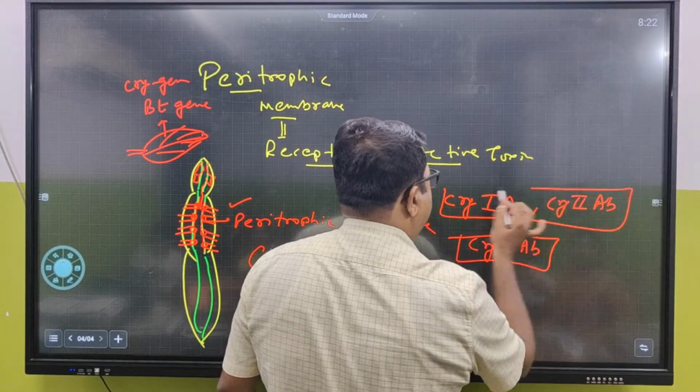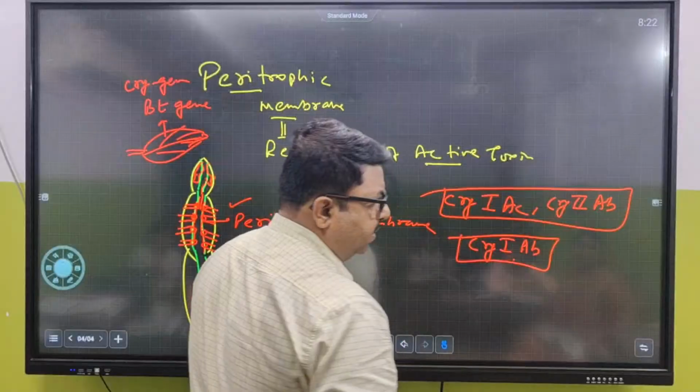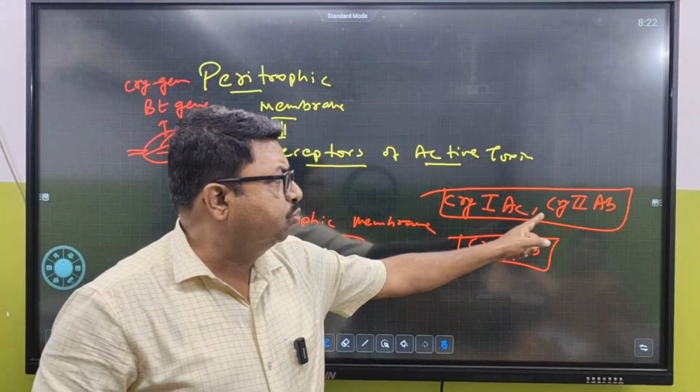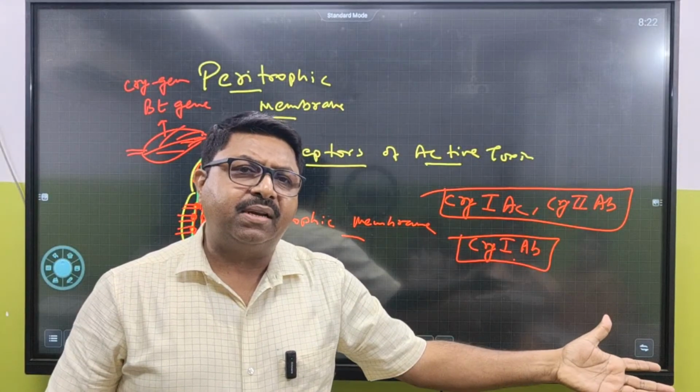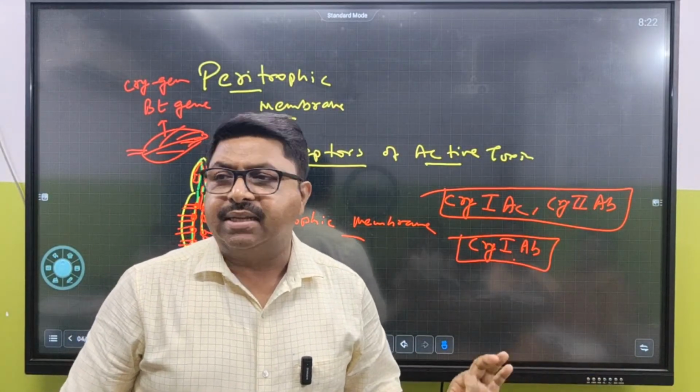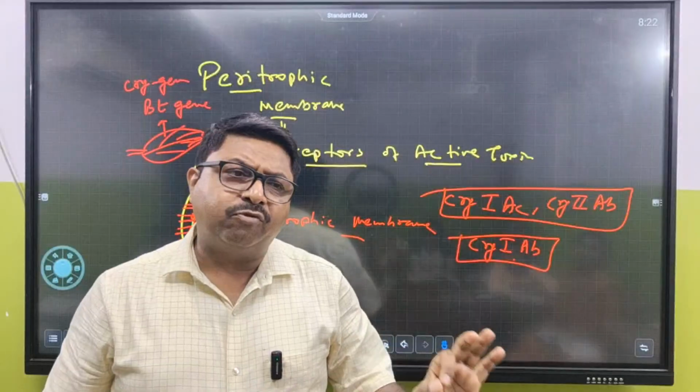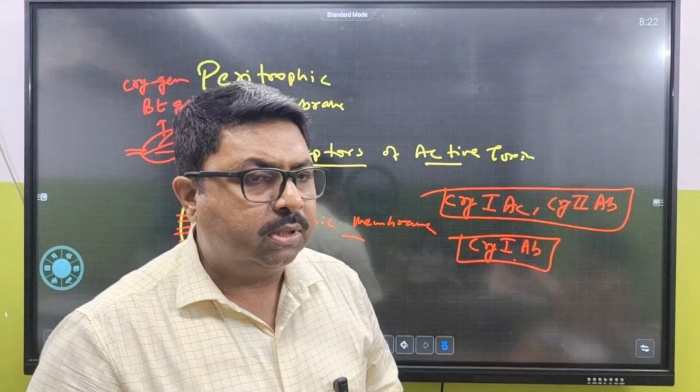These two are for cotton bollworm and this is for corn borer. You have to remember this. These genes make that inactive toxin which can only get activated in the presence of alkaline secretions. That's what we have talked about Bt cotton.